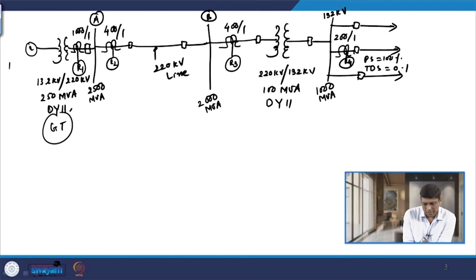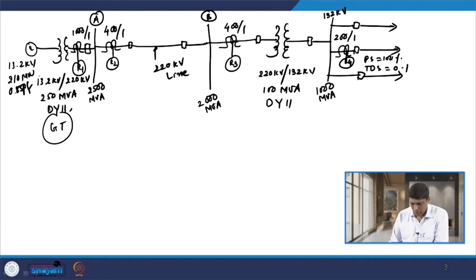The generator rating is also given, that is 13.2 kV, 210 megawatt at 0.85 power factor. So, with this background let us solve the example. We need to find out the plug setting and time dial setting of R1, R2, R3 relays. Let us start the solution with plug setting.